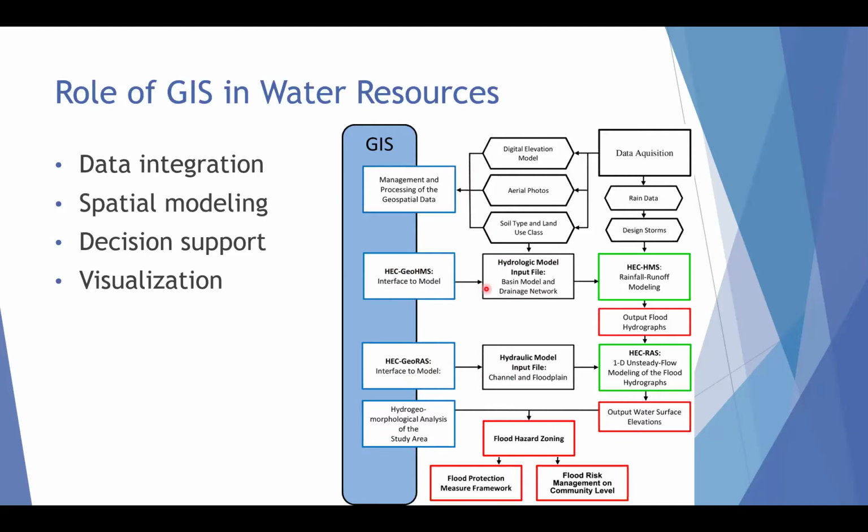Once you use the model, you perform the actual hydrological modeling, and then you get hydrographs. From that you can do further analysis, that is, you can prepare flood hazard maps or flood risk maps, etc.